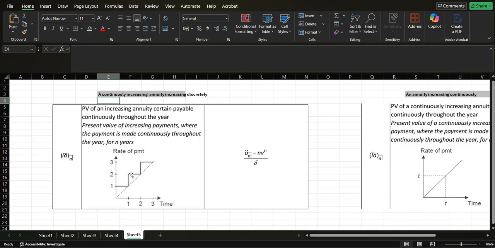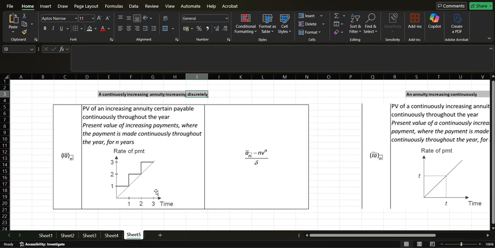Then you have a continuous payment stream from the beginning of time two to the end of time two. At the end of time two, it jumps up. Then you have a continuous payment stream from the beginning of time three to the end of time three. So it's a step function. This is called a continuously increasing annuity, a continuous annuity increasing discretely, because although the payments are received continuously, the increase in the payments occurs discretely, at discrete time points.